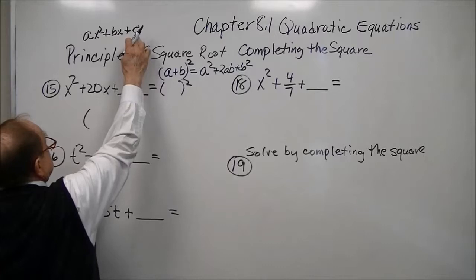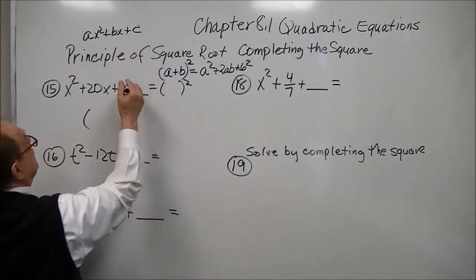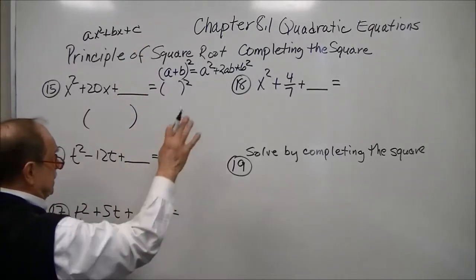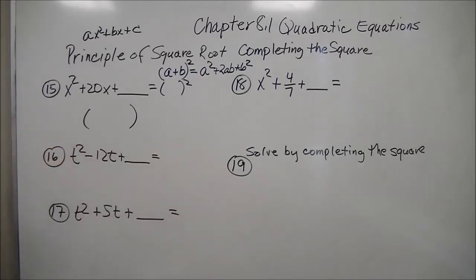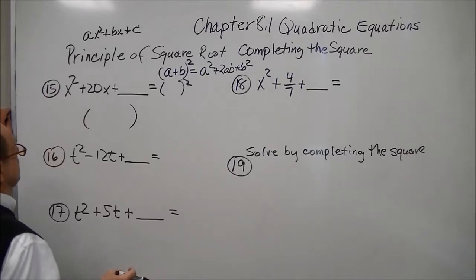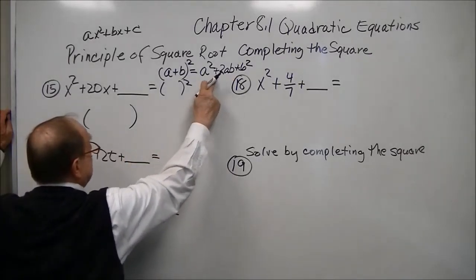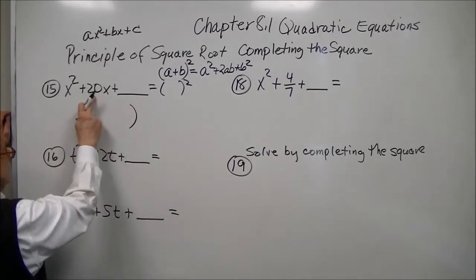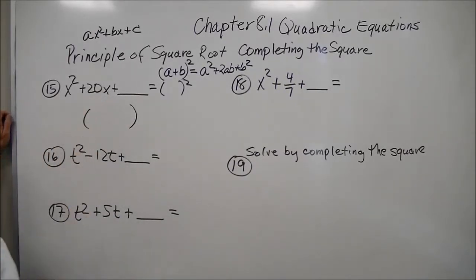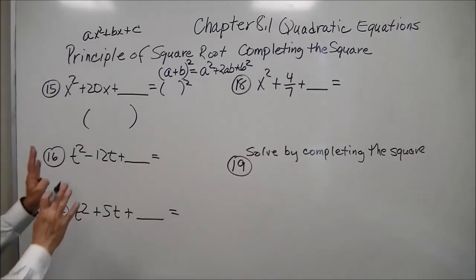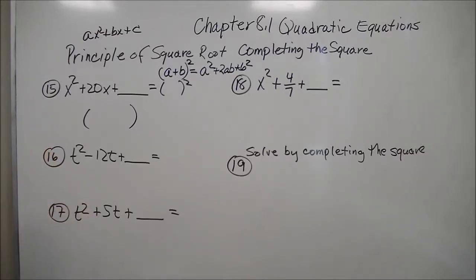So in a sense, we're missing the c term here in each of these. But how did we get the c term? Well, first, how did we get this middle term, which is this term right here? And let me just stress that if you master this, this is going to make this whole process very easy.